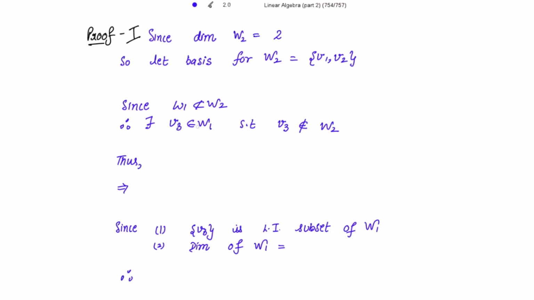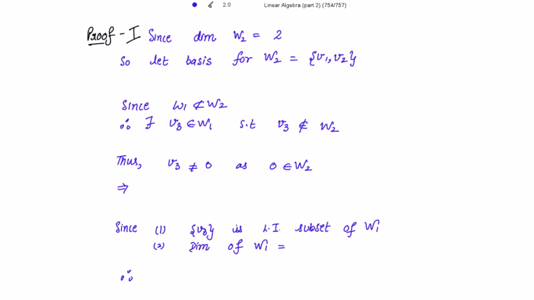Now since V3 belongs to W1 and V3 does not belong to W2, V3 is non-zero, as 0 is an element of W2, right? 0 belongs to W2 because W2 is a subspace.